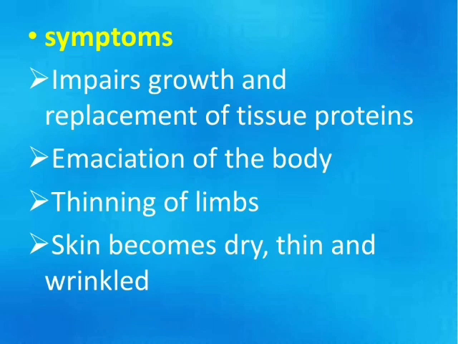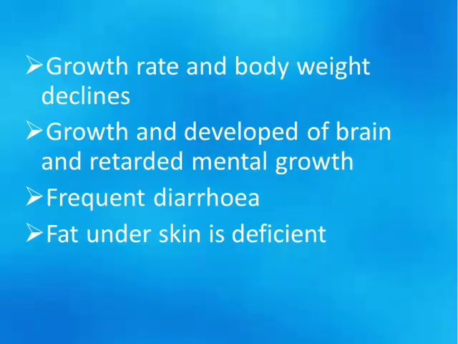So these are a few symptoms where complete growth and replacement of the tissue proteins are also affected. Weakness, thinning of limbs and skin becomes dry. And other symptoms are growth rate and body weight decline, the growth and development of the brain is affected, and there is retarded mental growth.